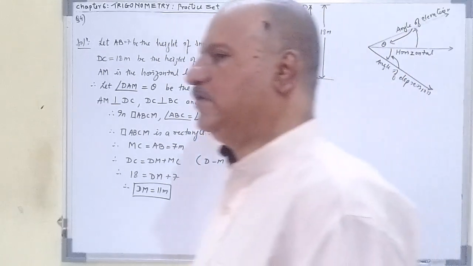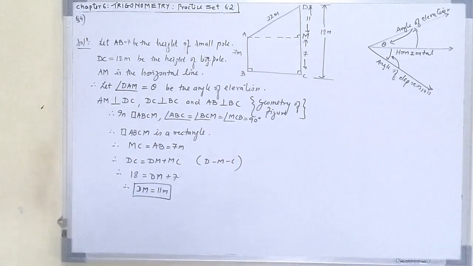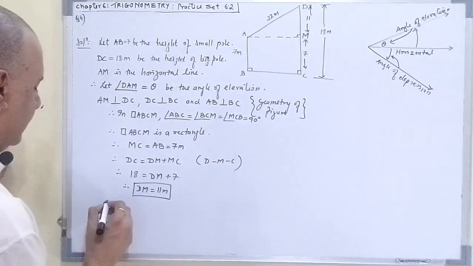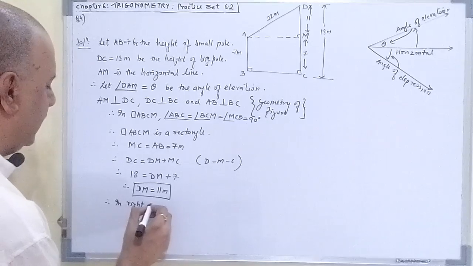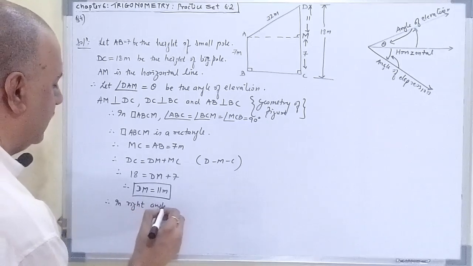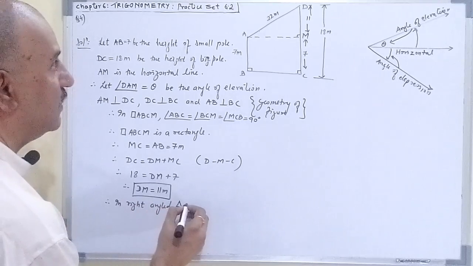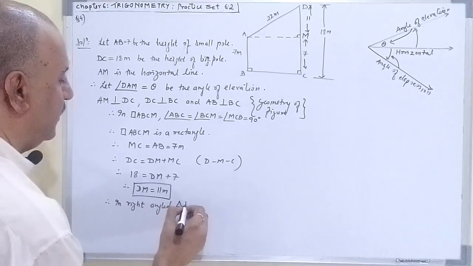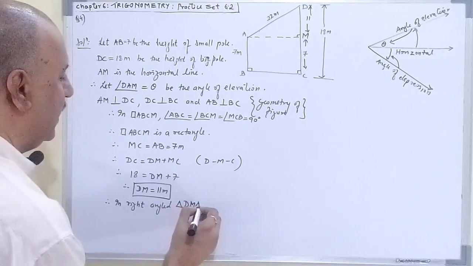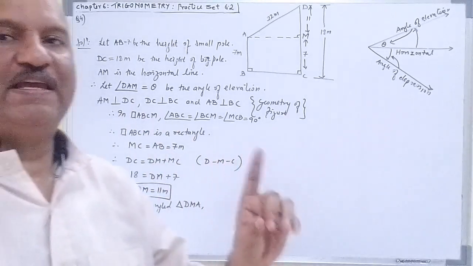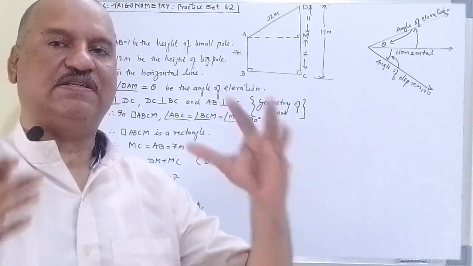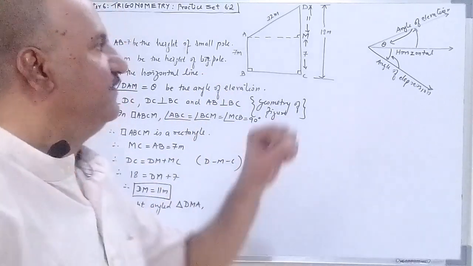अब आगे लिखते हैं हम लोग numerical part. Therefore, in right angled triangle DMA. Now, what information is provided and we have? क्या मिला है आपको?